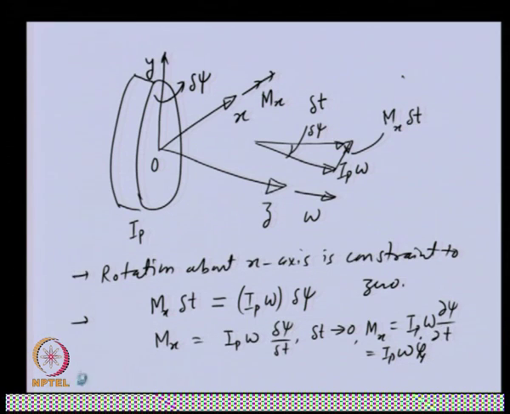So let us write that particular gyroscopic moment again here about y axis. So this is the angular velocity of the disk about y axis. This is called precession of disk.